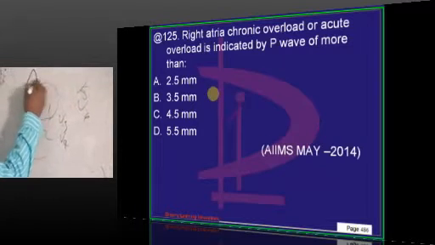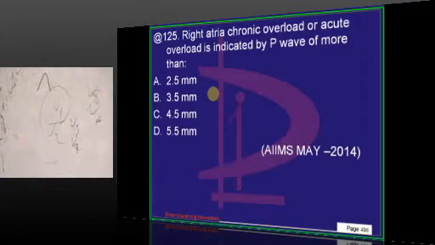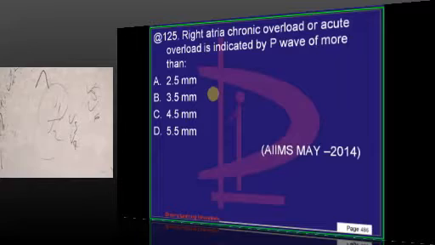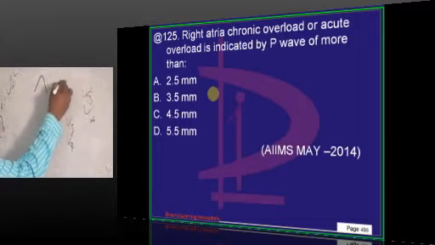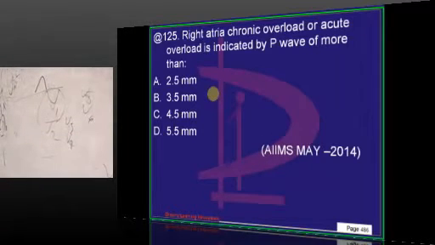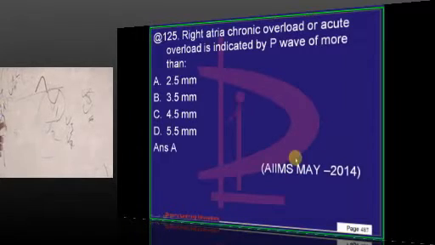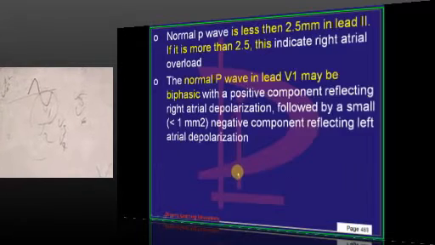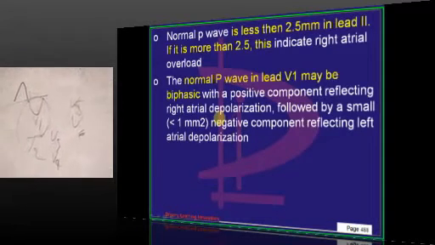Typically right atrium will lead to positive deflection, left atrium will lead to negative deflection, right? So any P wave height more than 2.5 mm defines right atrial overload, okay?